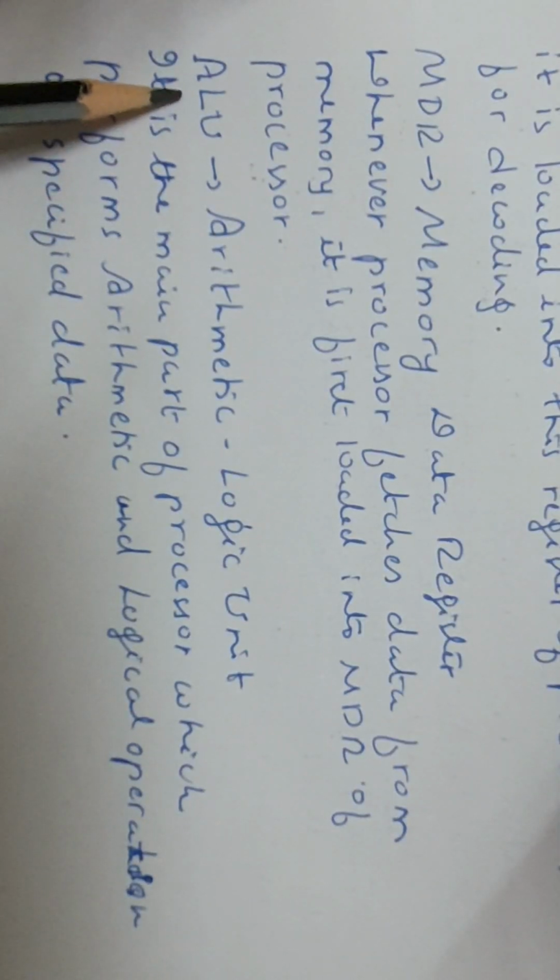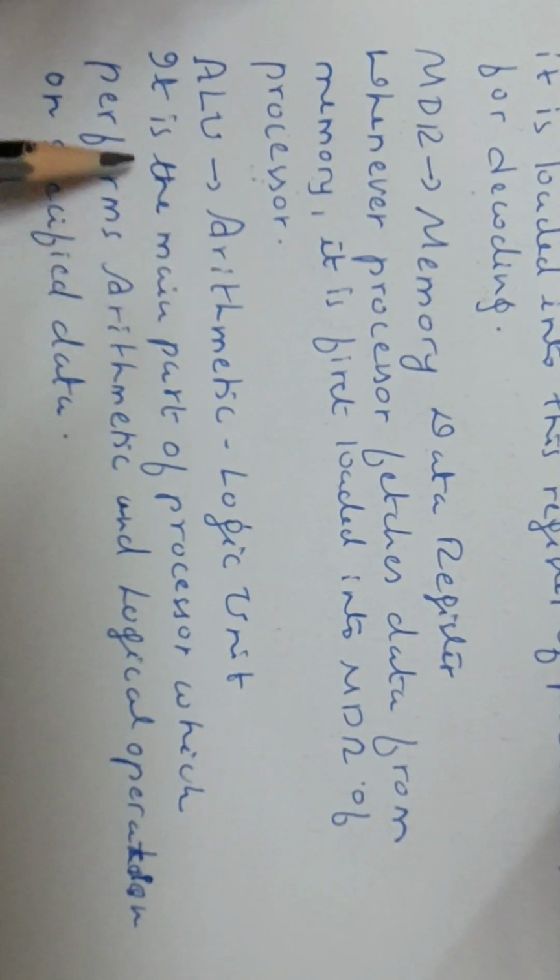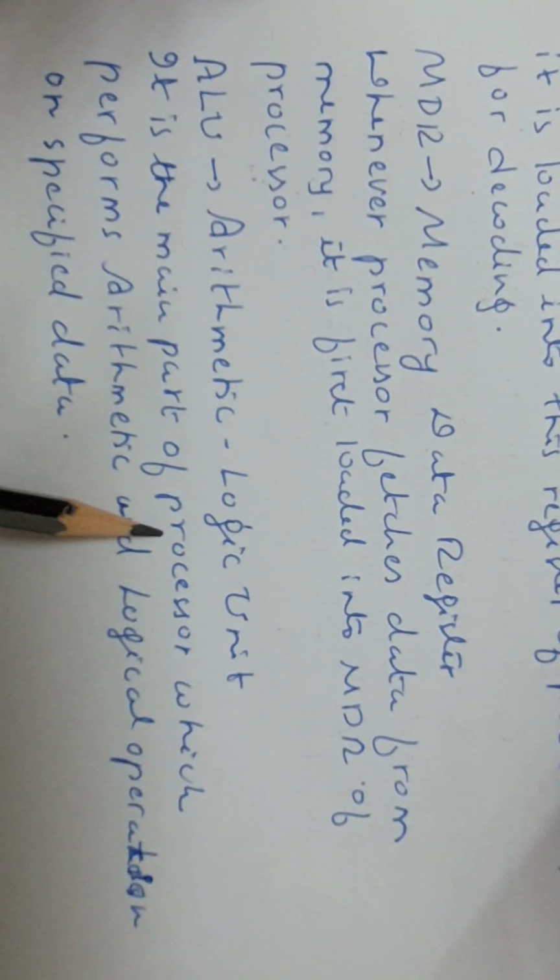The last one is ALU, arithmetic logic unit. It is the main part of the processor. The processor has two parts, ALU and CU, arithmetic logic unit and control unit. This ALU performs arithmetic and logical operations which are specified in the instruction on specified data.